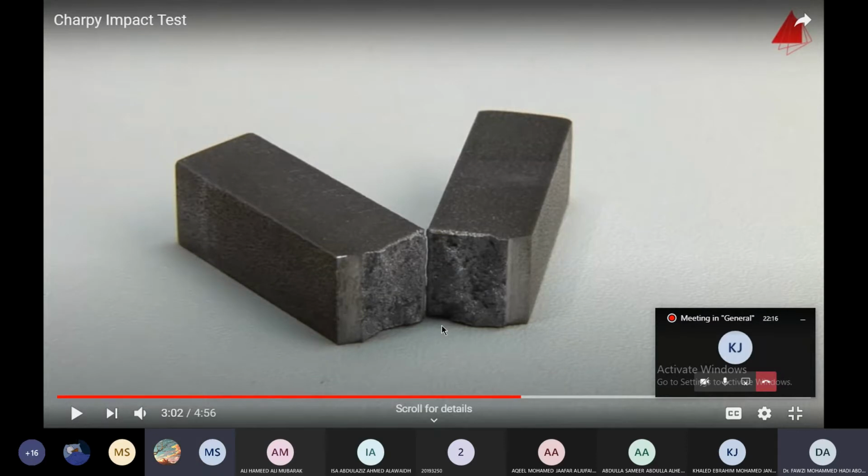Cup cone. A cup cone was an indication of a ductile failure, and a clear cut was an indication of a brittle failure. So here also we have the same thing. This clear cut is an indication of a brittle failure of the material. So let's continue.